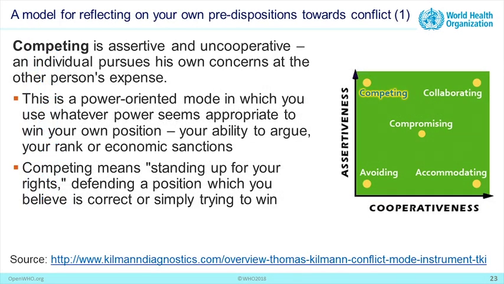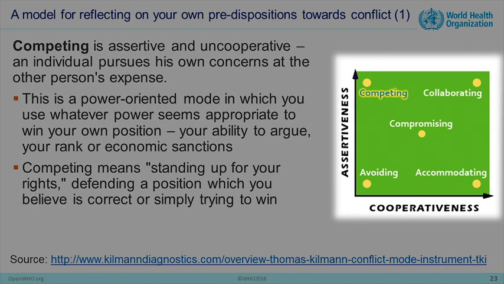Thomas and Kilmann have developed a model that allows us to reflect on our own preferred ways for dealing with conflict. They measured conflict response along two domains: assertiveness, which is the extent to which a person will try and satisfy their own interests, and cooperativeness, which is the extent to which a person will try and satisfy the interests of others.